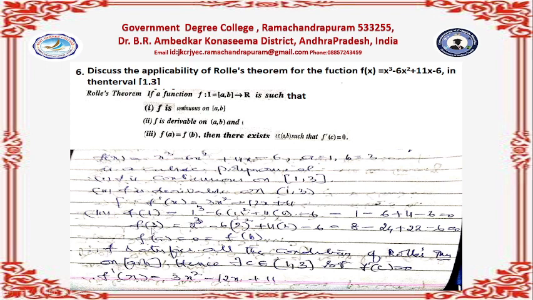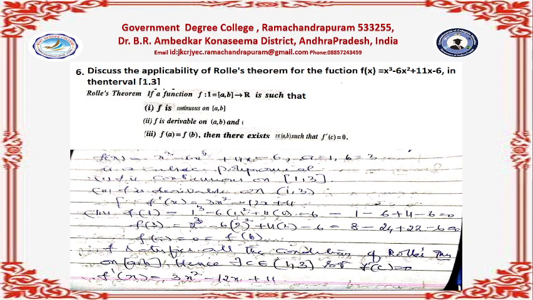So f at 3 equal to 3 cube minus 6 into 3 square plus 11 into 3 minus 6, that is nothing but 27 minus 54 plus 33 minus 6, which is equal to 0. So f at a equal to 0, f at b is also equal to 0. So all the three conditions are satisfied.